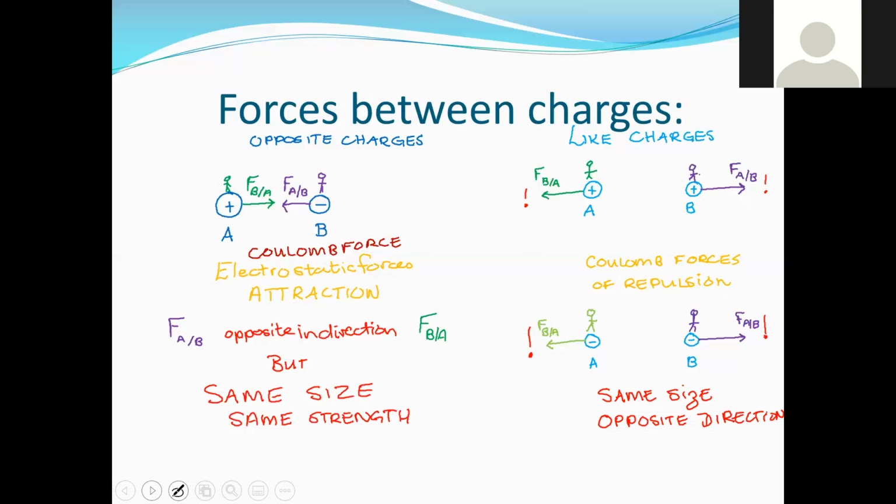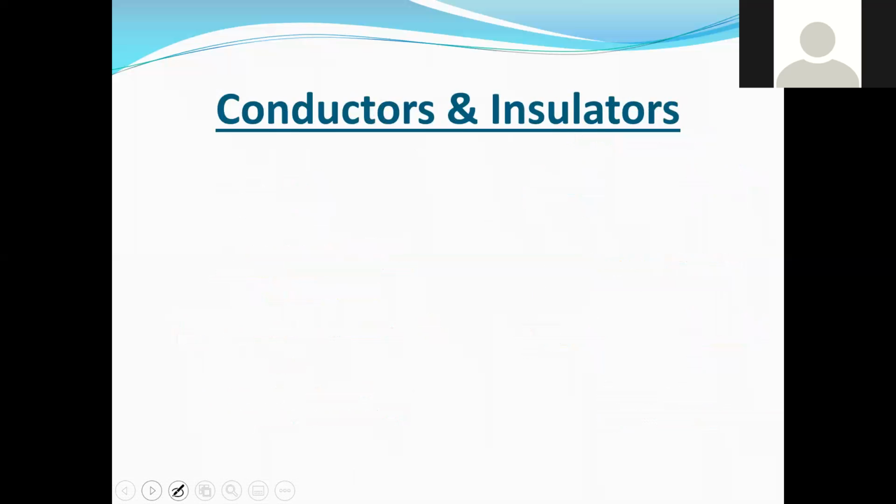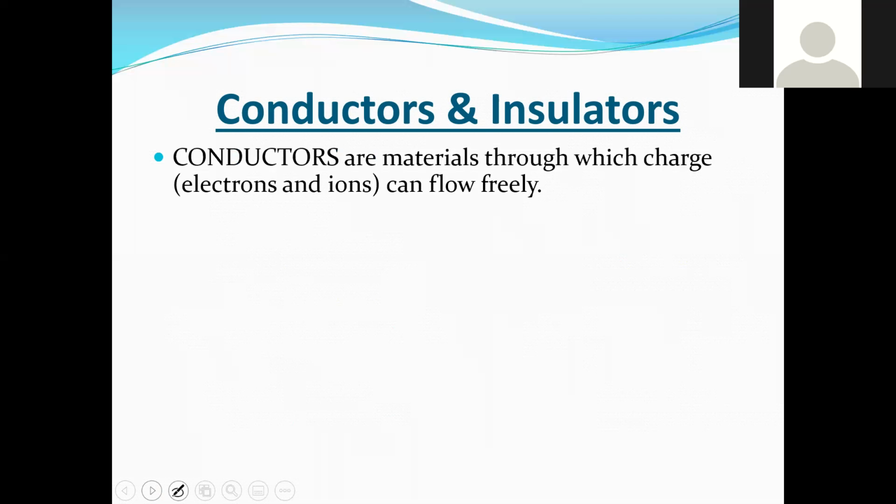Okay, so that's how we identify the forces between charges. Next, I want us to look at conductors and insulators. Now, a conductor is a substance like a metal that can allow charge to flow. The insulators will not allow charge to flow.